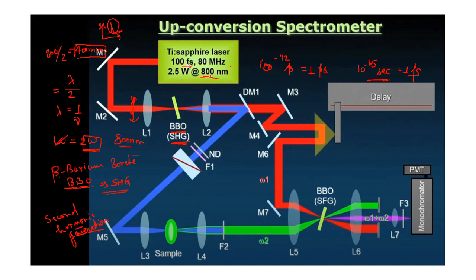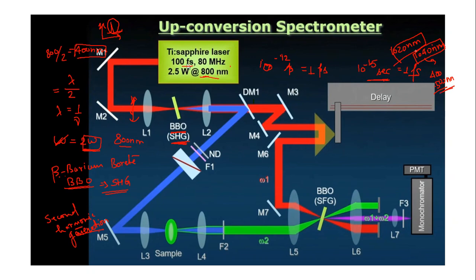Why is this useful? Suppose you have only a 1040 nanometer light source, and you need a light beam which has a wavelength of 400 to 500.